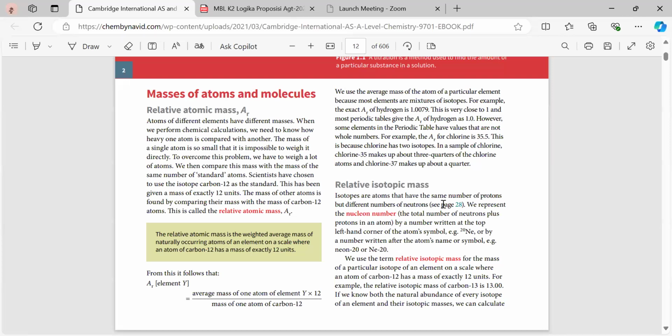Usually in this book, the very first chapter is just theories, not really mathematics. So we're just going to start. Masses of atoms and molecules. The relative atomic mass is usually written as AR.